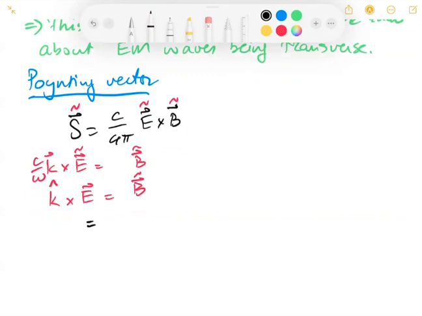So continuing, we have c over 4 pi E cross B, and now here we put B being k cross with E. And I forgot a little tilde here.